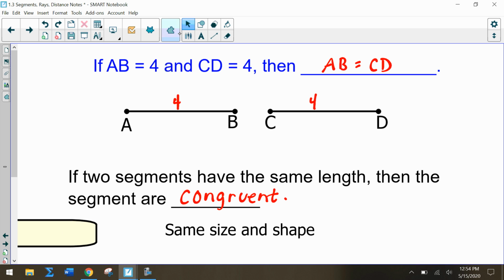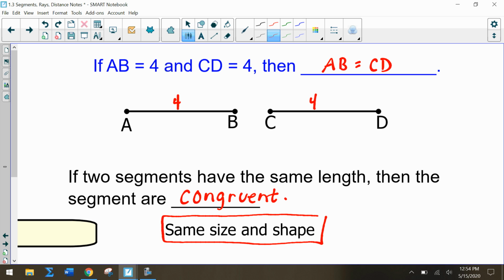Congruent means same size, same shape. So these two segments are the same shape. They are both line segments. And they have the same size. So we can say that AB, the line segment, is congruent to CD.